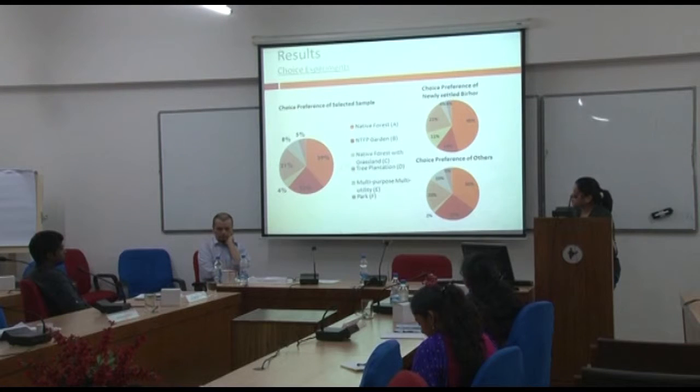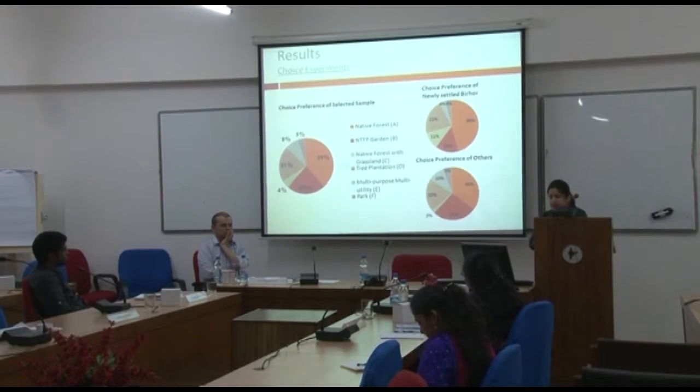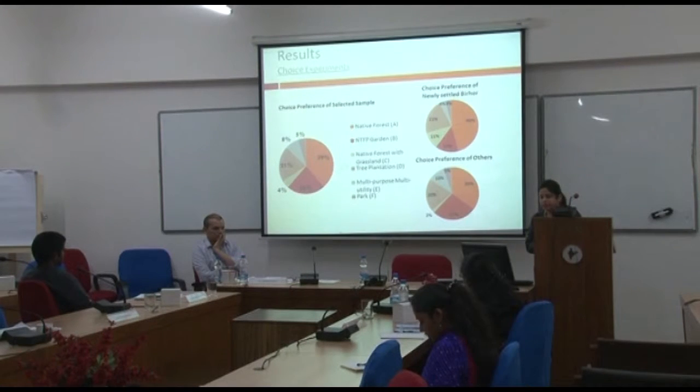The results of the choice experiments show us that the most preferred choice for the people there is native forest. 39% of the people preferred native forest, followed by preference for NTFP garden, and then tree plantation.